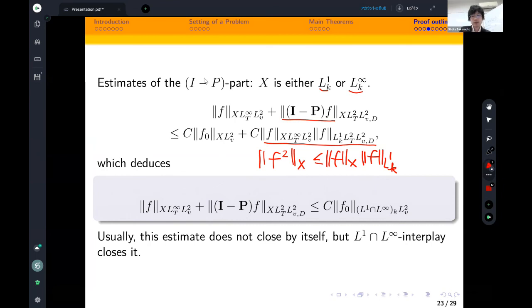So X can be either L1k or L infinity k, but for both cases, we can get this inequality. Using this inequality for both L1k and L infinity k and combining it, we have this estimate. So the energy part and the dispersion part for I minus P is bounded by the initial data. Usually this estimate does not close by itself, but the L1, L infinity interplay is important here.